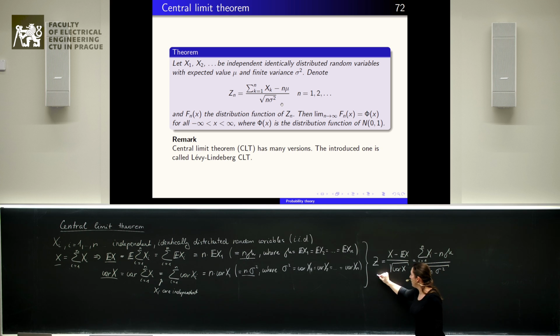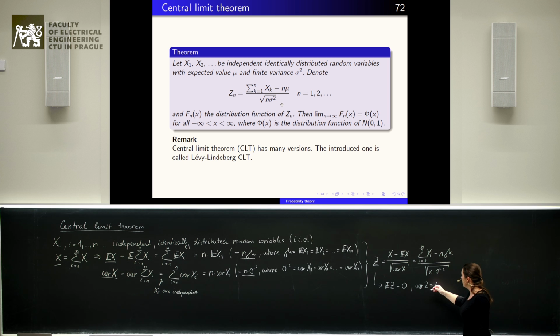Then we know that the expected value of z is equal to 0 and the variance of z is equal to 1. And that's something we solved 2 or 3 weeks ago when we were talking about the properties of the variance of a random variable. So this is not surprising.